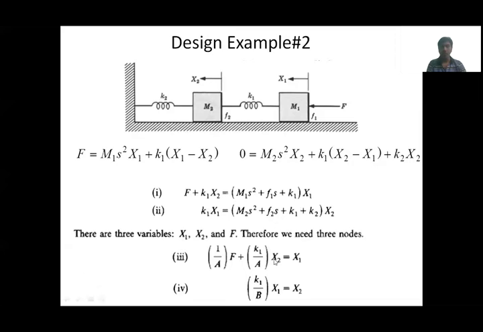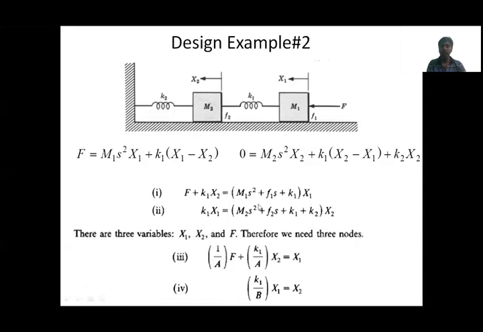Here b is nothing but this overall term we have assumed as b, and here m1 s square plus f1 s plus k1 we have assumed as a. Therefore, if you throw this a to this side, f by a, k1 by a times x2 will come. So 1 by a into f plus k1 by a into x2 is equal to x1.